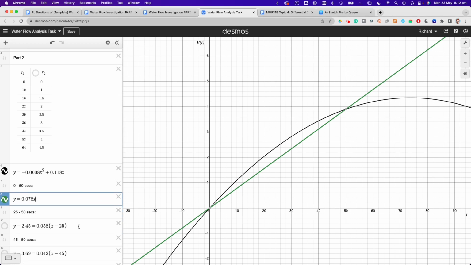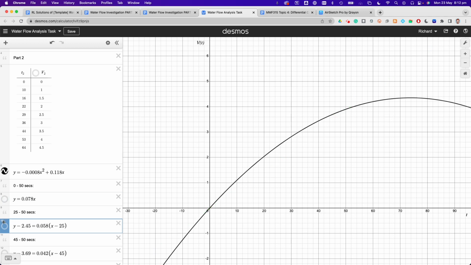Then I asked you in that analysis task to consider 25 to 50 seconds. So I'll turn that one off and turn that one on. There's the 25 second mark, 25, 2.45 according to my graph. And then this one was fixed at 50, 3.9 as it was before. And I think you'd agree that this graph here better describes this portion of the function.